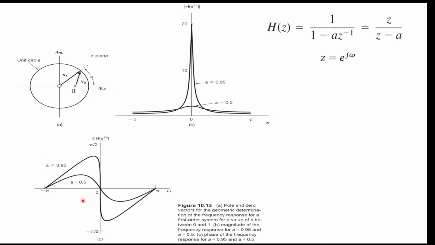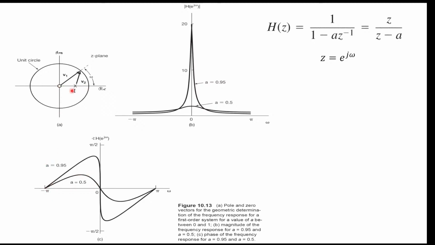So over a full circle the angle doesn't change. But at some points you have a larger difference in the angle, and at some points a smaller difference, and the difference changes faster around omega equal to 0, and you have a different peak for different values of A.